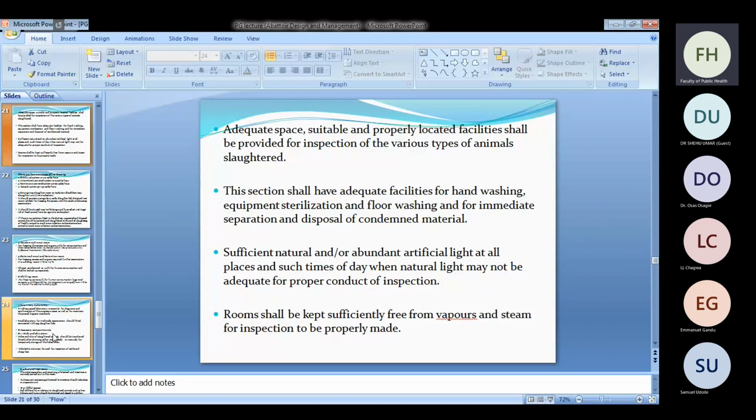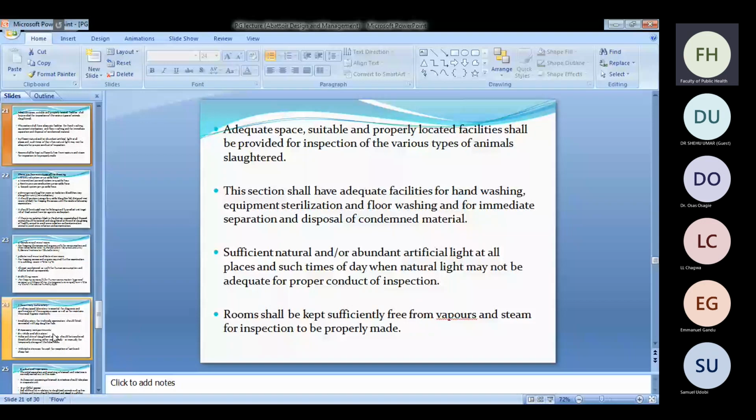We are also saying that sufficient natural or abundant artificial light shall be provided at all times, so far as meat inspection is concerned. Most importantly, natural light is very important. It is very needful for adequate and proper conduct of meat inspection. We are saying that the room shall be kept sufficiently free from vapor and steam, for inspection to be done properly. These are the things that will enable an inspector or veterinarian to carry out the inspection using the senses as required.